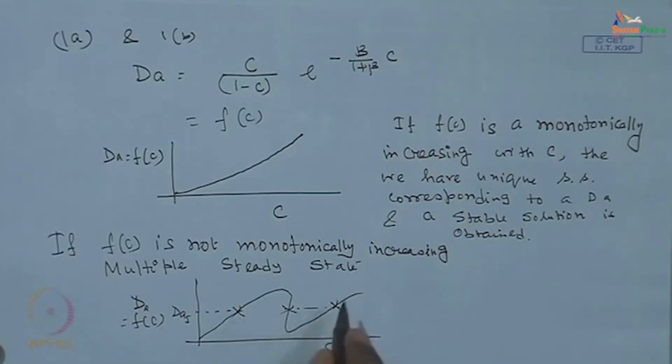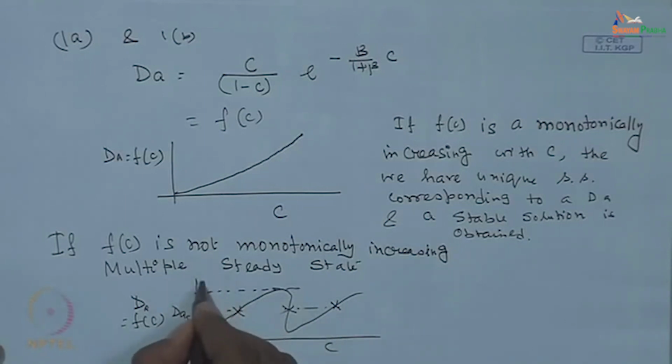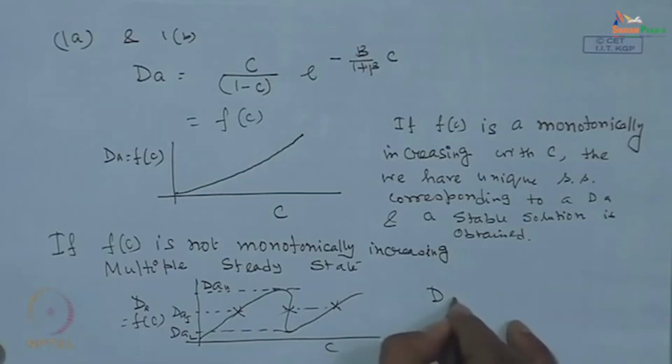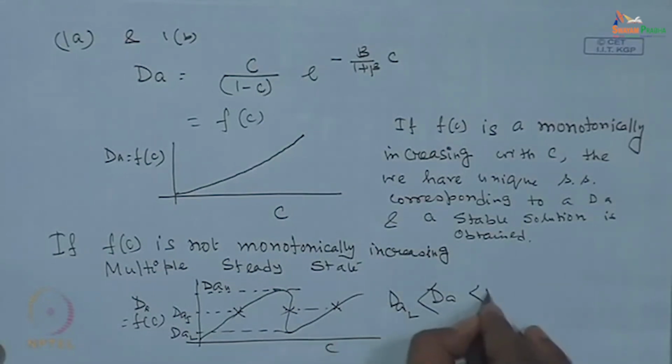So, you can have an upper Damkohler number DAu and a lower Damkohler number DAl. For Damkohler numbers between DAl and DAu, one can have more than one steady state.